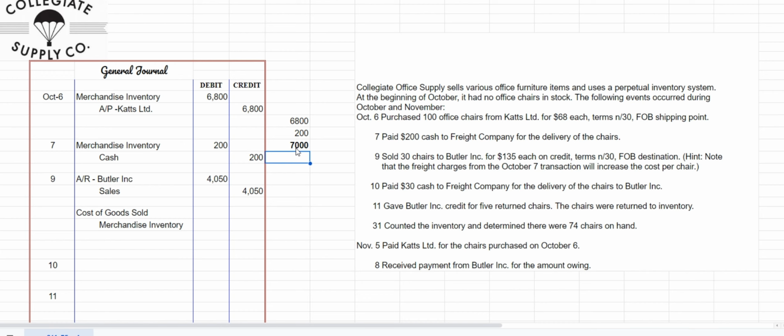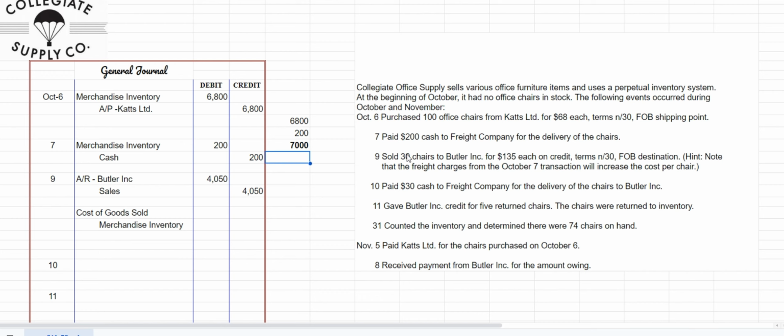Now, on October 9th, you sold 30 chairs. So we want to know the value of 30 chairs. To do that, we have to find the value of one chair first. We know that the value of 100 chairs is $7,000. If you divide that by 100, we get 70.